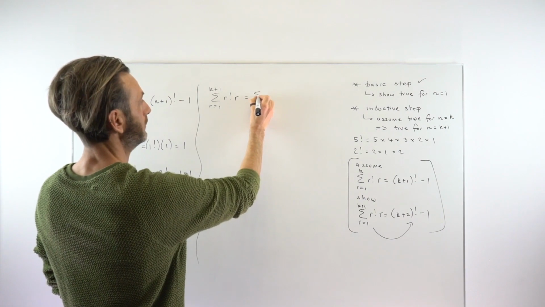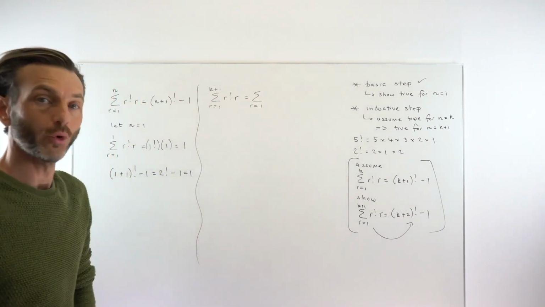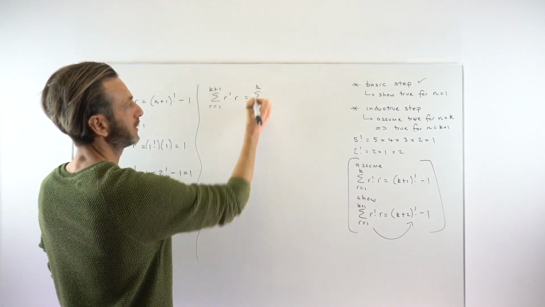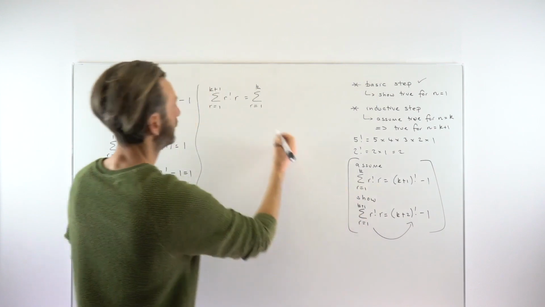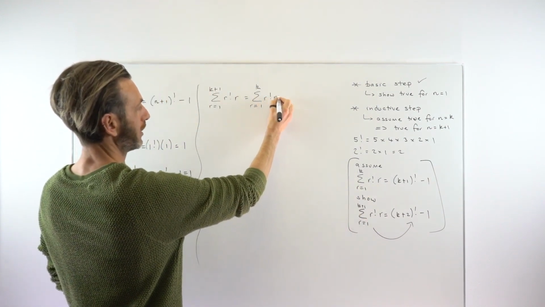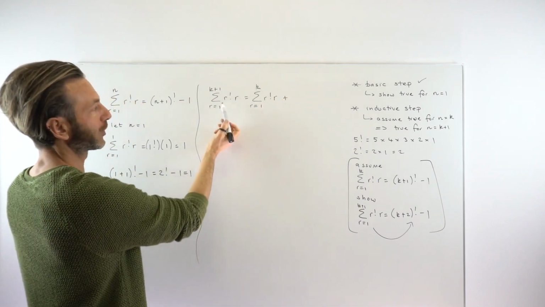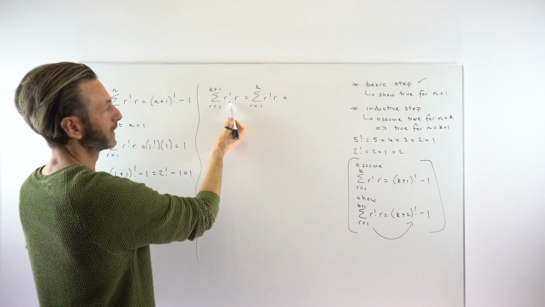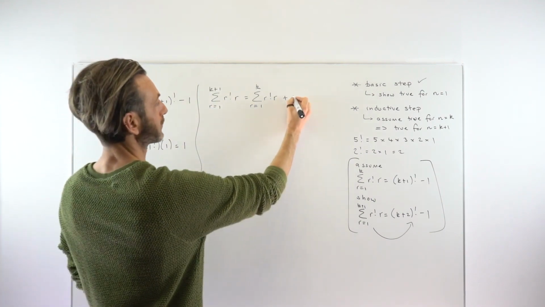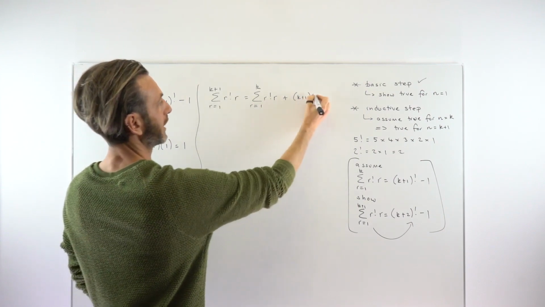This is a really common method in questions involving summations, and we'll split it to the first k terms, and that's really so that we can then use our assumption. So the sum from r equals 1 to k of r factorial r plus that k plus 1th term, that final term. But the final term is just when you take this guy and substitute in the final term, which is k plus 1. So that's going to be k plus 1 factorial times k plus 1.